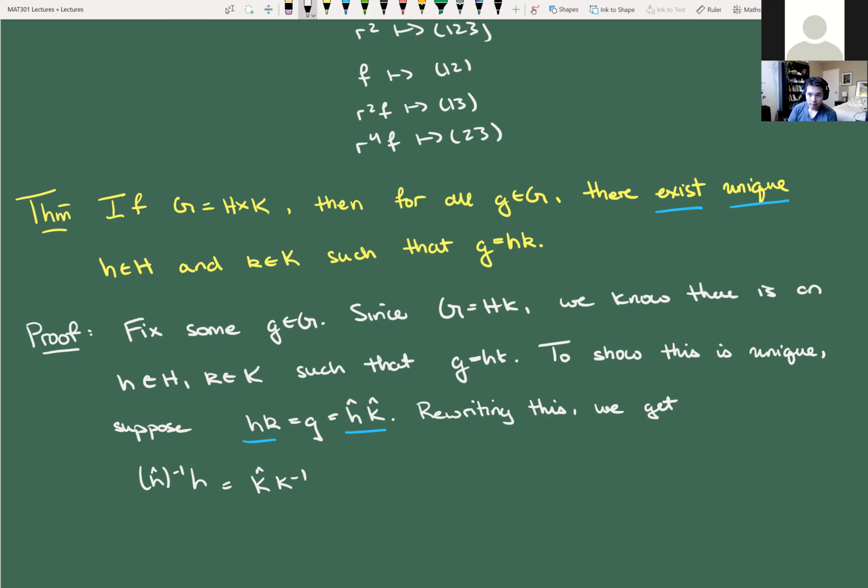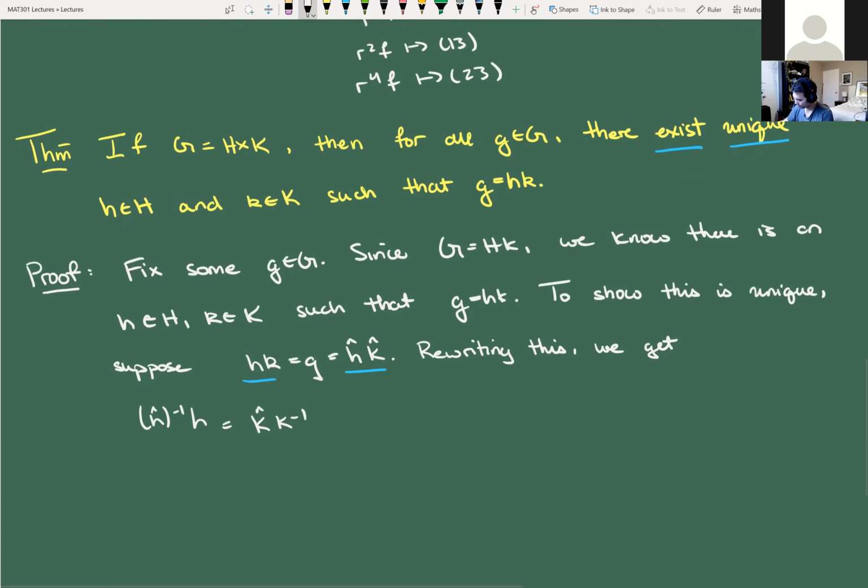So what we get is that this thing, h hat inverse h, is in both H and K. The left-hand side is in H, the right-hand side is in K, but those things intersect trivially. The whole point of requiring that the intersection of H and K be trivial is to guarantee the uniqueness of this decomposition, and here's where we're getting it.